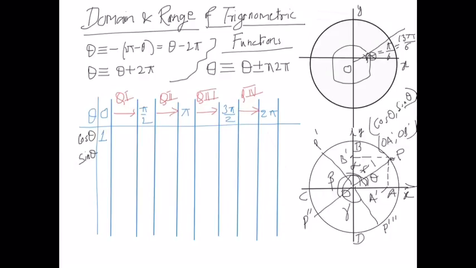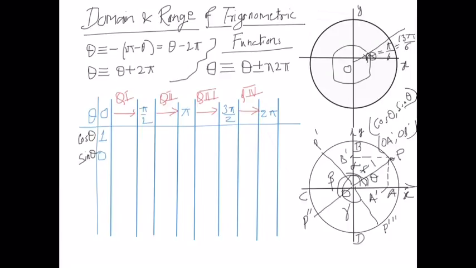And we can see it from this unit circle as well, that when theta is equal to 0, this segment OP coincides with OA, and its projection on the x-axis OA prime becomes equal to OA, which is nothing but 1. That is the radius of the unit circle. And as theta tends to 0, the projection of OP on the y-axis, that is OB prime, becomes 0. And so we write sine 0 as equal to 0.